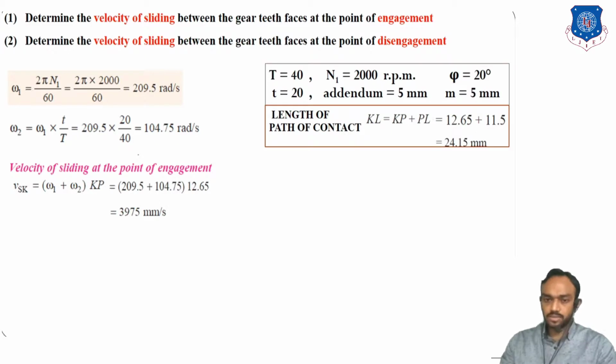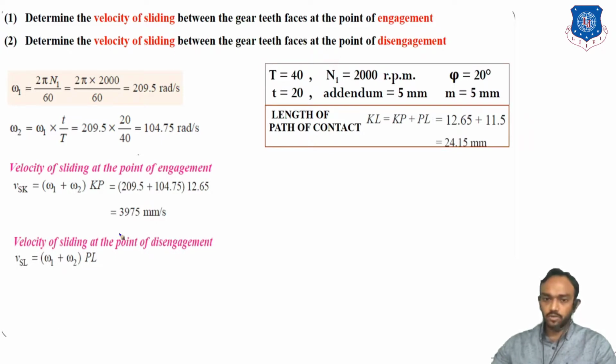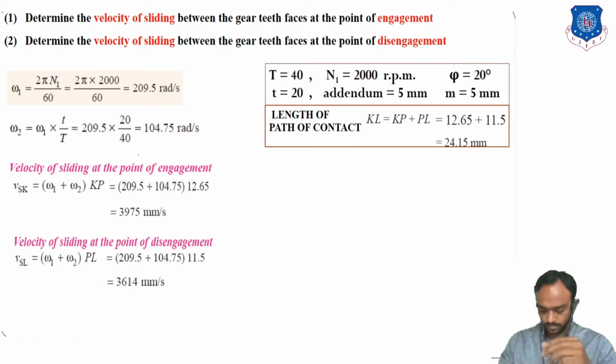And in the same way we will find the velocity of sliding at the point of disengagement. For that you have already found the PL. PL is equal to 11.5, and omega 1 and omega 2 are already found. So put that in the formula and you will find the velocity at the point of disengagement.